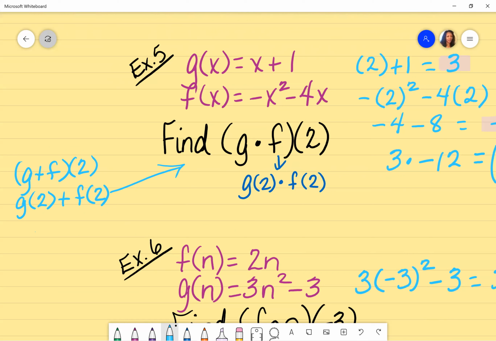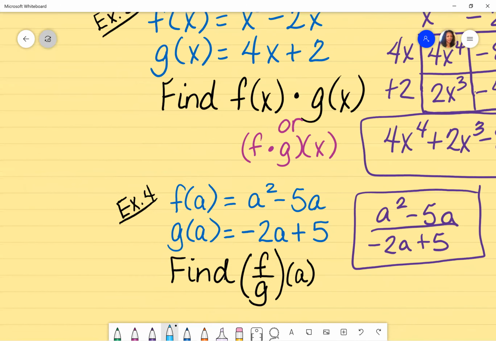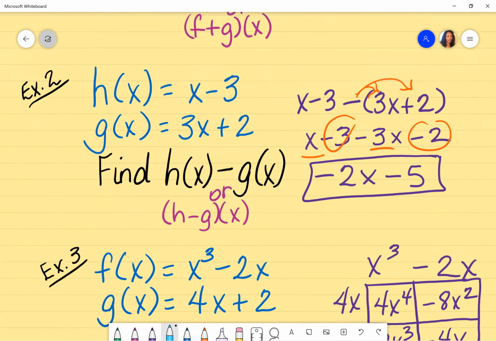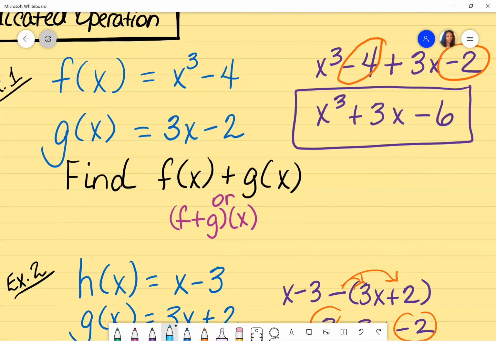It can mean that for your division as well. So make sure you understand there's more than one way to write these notations. So go back through all of these examples and pay attention to the notations so that you don't get confused whenever you might see something written like this, or sometimes you might see it written like this. It means the same thing. So please make sure you understand that.